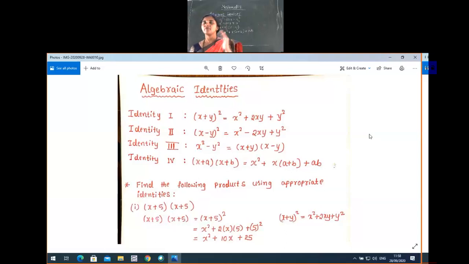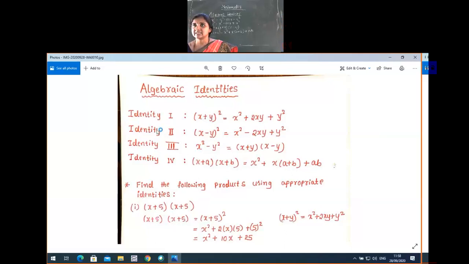So in the first identity, x plus y whole square is equal to x square plus 2xy plus y square. X plus y whole square in the sense x plus y into x plus y, product of 2 same binomials.